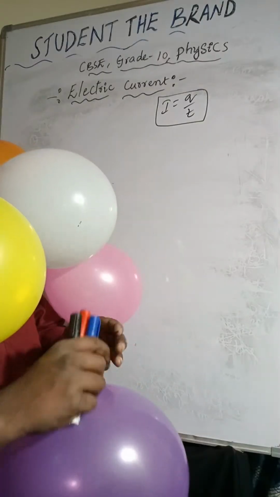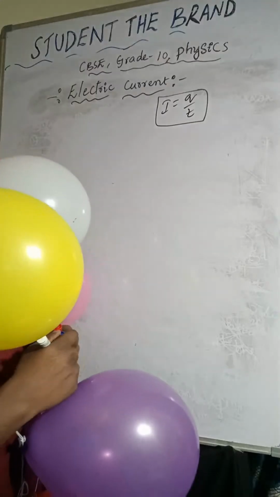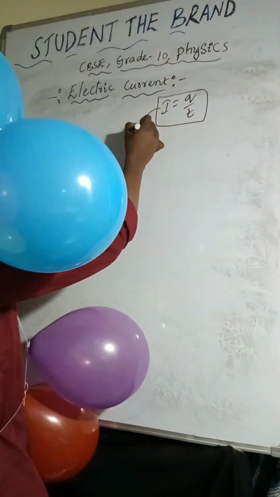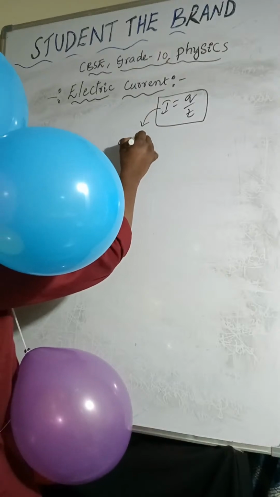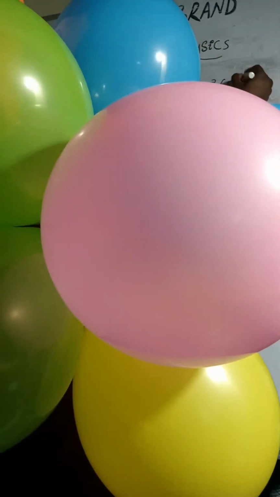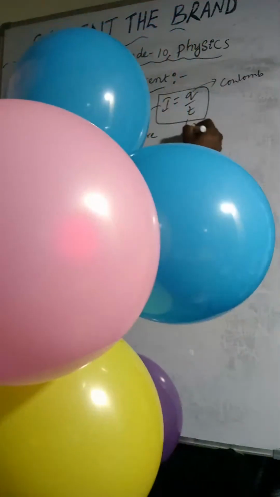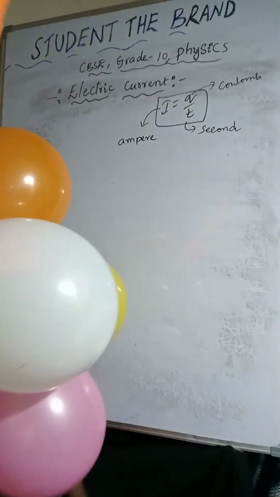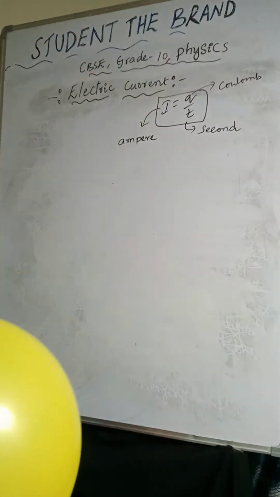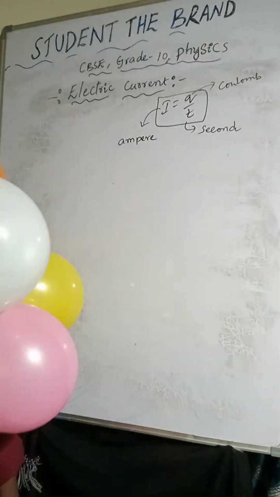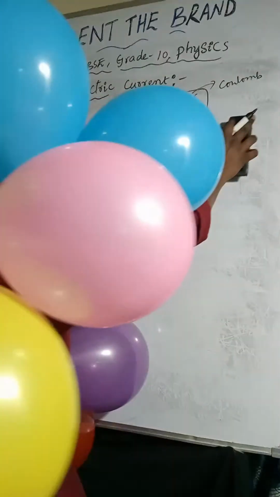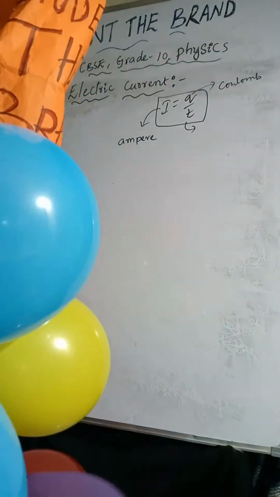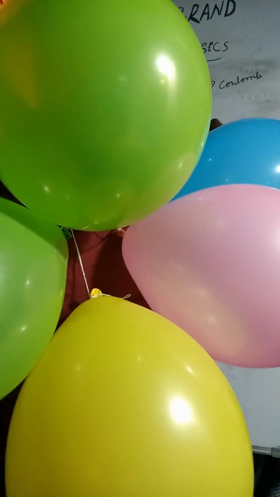Now you can take SI unit of current is ampere, charge is coulomb, and time is second.